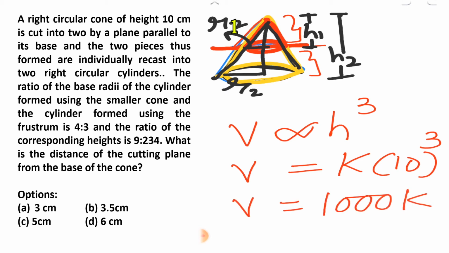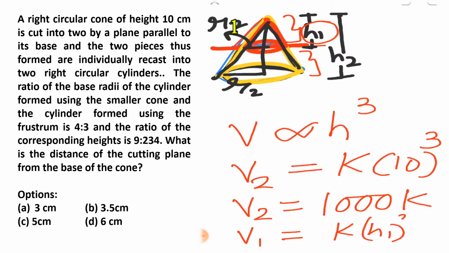Now, this is 1000 K, and I would write V2 as the volume of the original cone. Now V1 is the volume of the smaller cone, and using the same understanding, it will be K H1 cube.